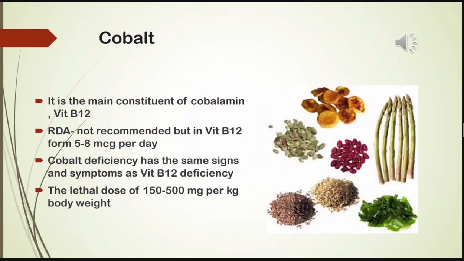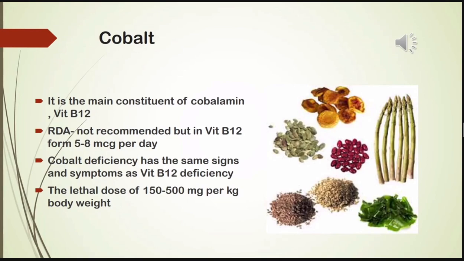The last mineral for discussion is actually cobalt. Cobalt is the main constituent of cobalamin or vitamin B12. The RDA is the same as vitamin B12, which is about 5 to 8 micrograms per day. Cobalt deficiency has the same signs and symptoms as vitamin B12 deficiency.